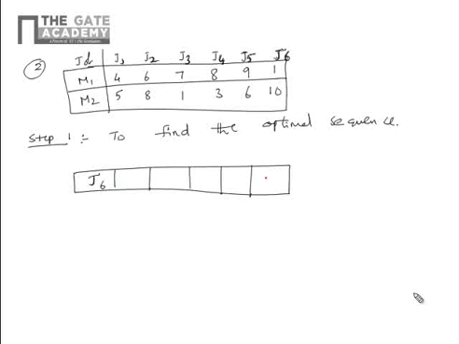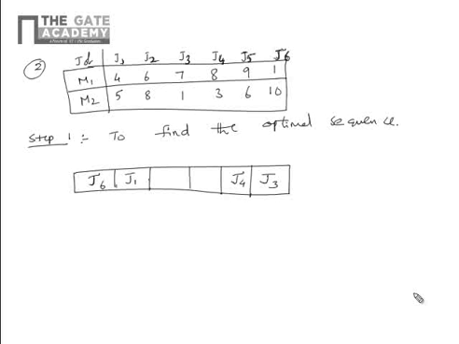Another least value is job 3 on machine 2, so assign it last. Next least value is 3, which is with J4 on machine 2, so assign it last. Next least value is with J1, again with machine 1.